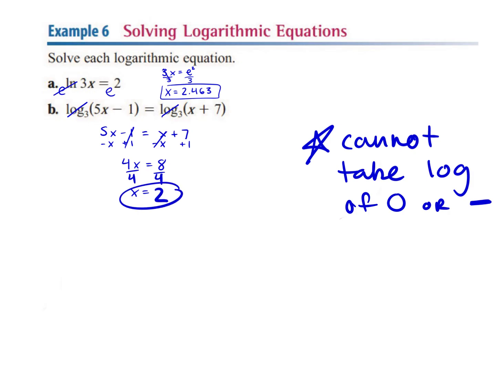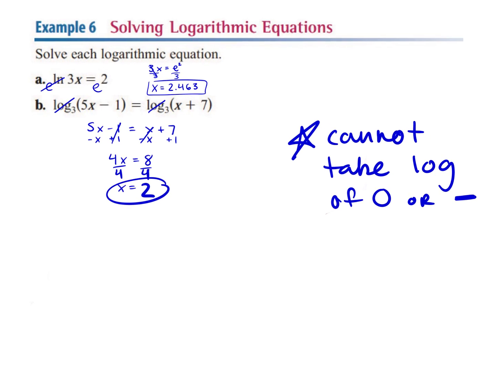There we go. All right, so when we're solving log equations, you cannot take the log of 0 or a negative number. So whenever you have log equations, it's going to be helpful just to check your work. So you don't have to work it out all the way when you check, but just kind of lightly plug it in. Make sure you're not taking the log of a negative.